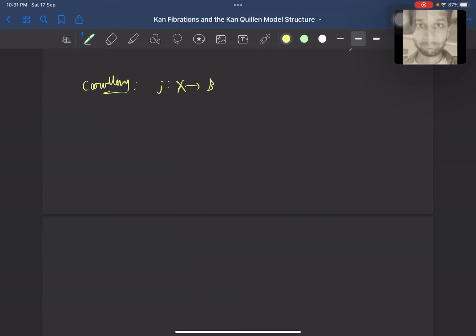If this is an anodyne map, let me write it like this: this is anodyne if and only if it has the left lifting property with respect to the class of all fibrations. I won't give a proof. It's not that difficult.